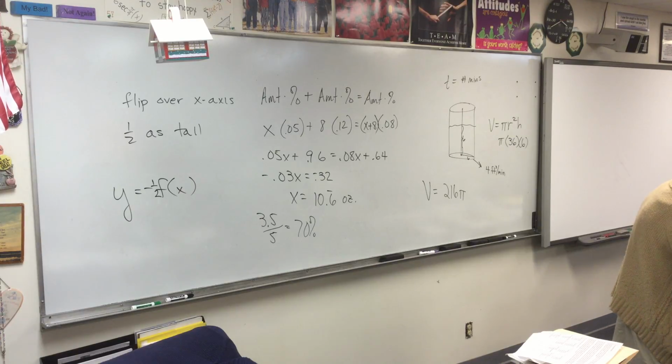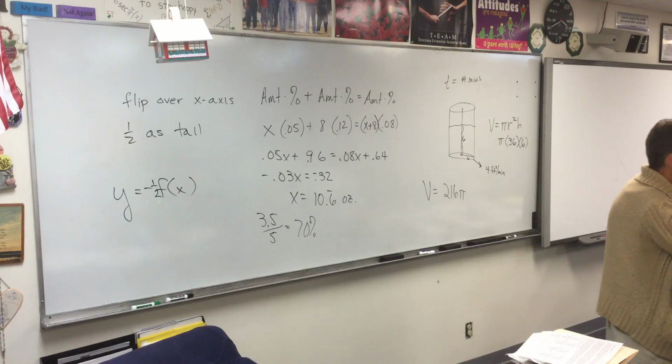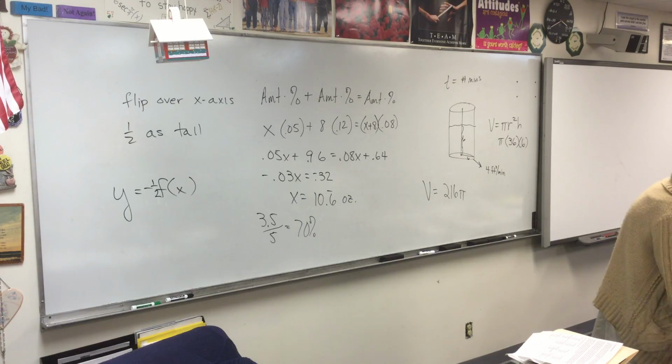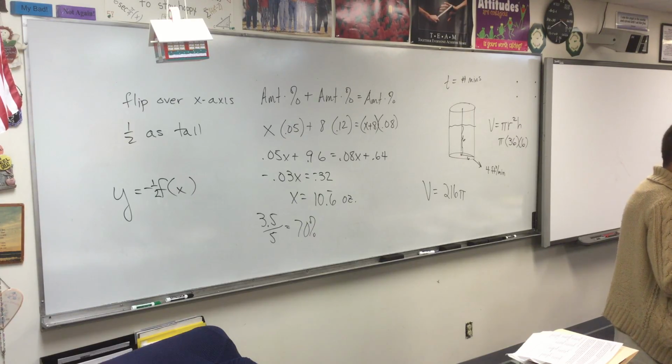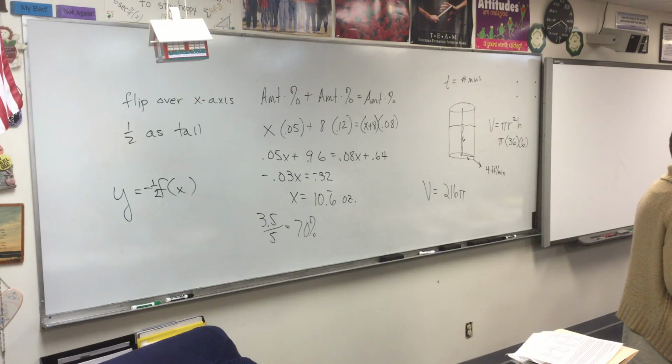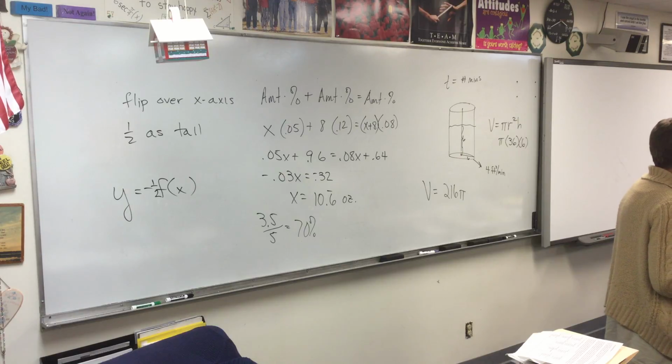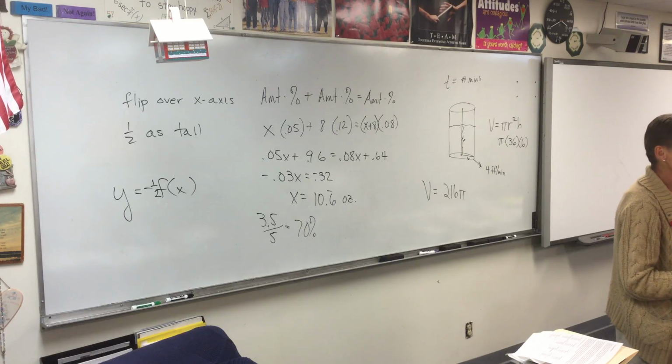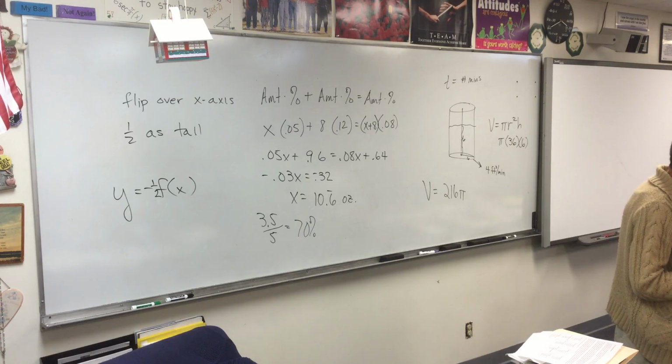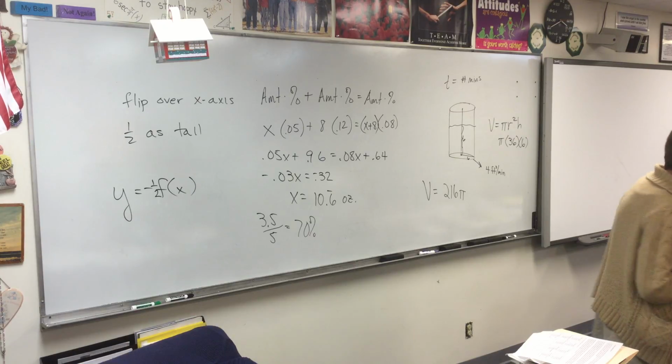Now, I twist the little nozzle, and water starts pouring out. In the first minute, how much water comes out? 4 cubic feet. In the first 2 minutes, how much water comes out? 8. So in the first T minutes, how much water is going to come out? 4T.